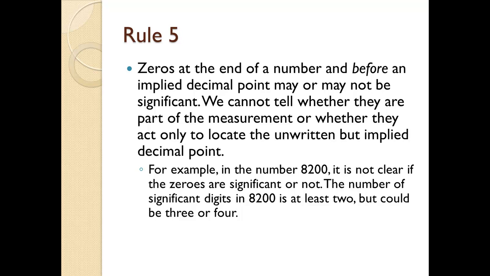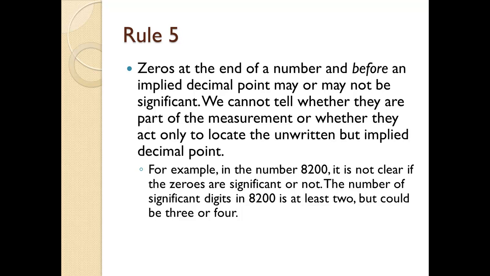In the fifth rule, zeros at the end of a number and before an implied decimal point may or may not be significant. We cannot really tell whether they are part of the measurement or whether we're just using them to locate the unwritten but implied decimal point. So if I were to give this number 8200, it's not really clear if the zeros are significant or not.